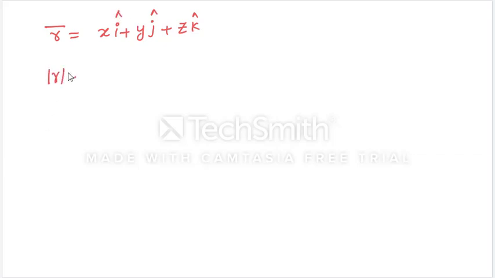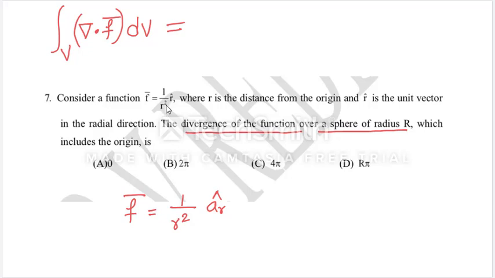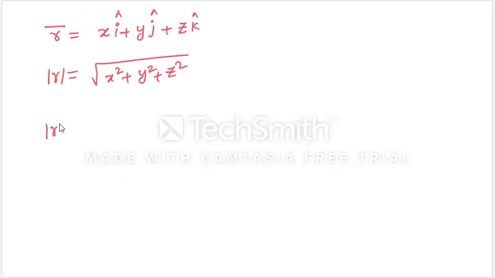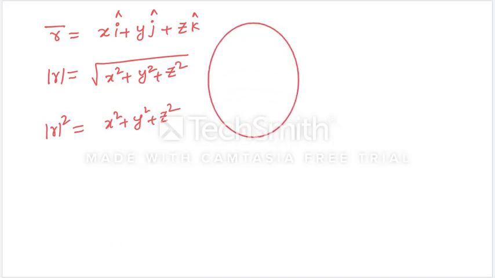So the modulus of r bar is square root of x square plus y square plus z square. Now 1 by r square means the modulus squared, which is x square plus y square plus z square, which is nothing but the radius of the sphere, the equation of a sphere.